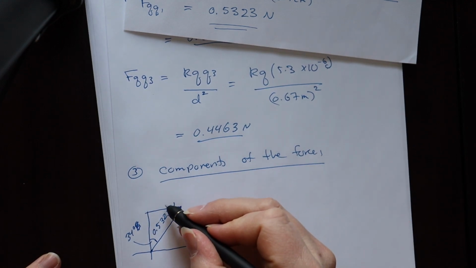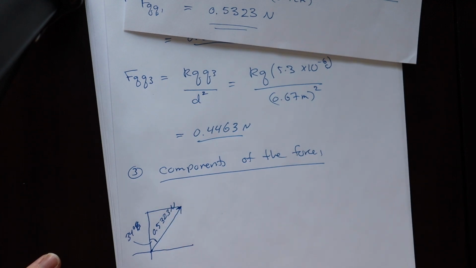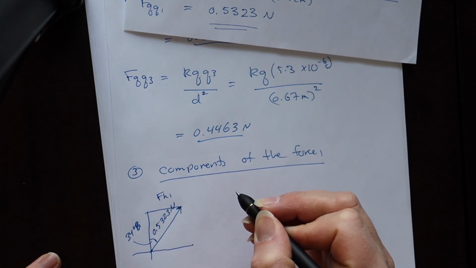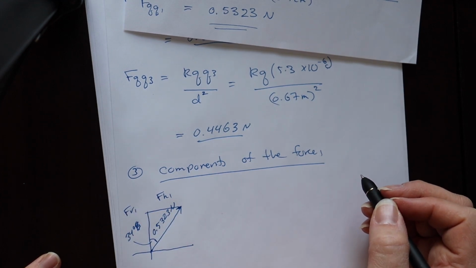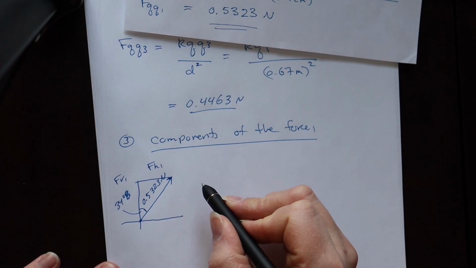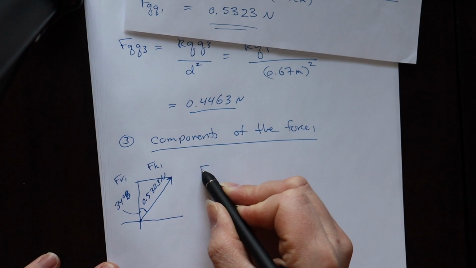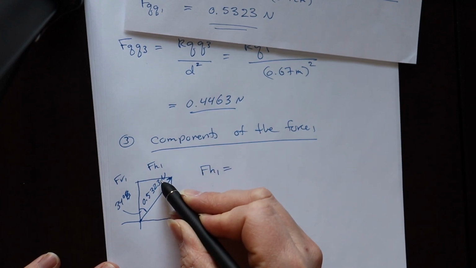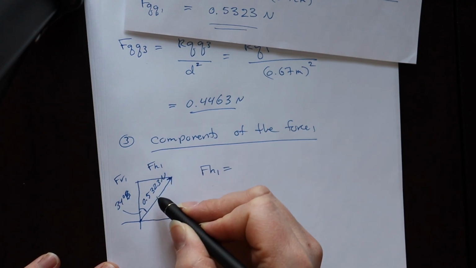So we have to then find the components. So I'm going to call this component the force horizontal from Q1 and the force vertical from Q1. So now this becomes a review of vectors at this point. So if I try and solve for FH1, how do I find that? Well, I go opposite, so I have to use sine, sorry.